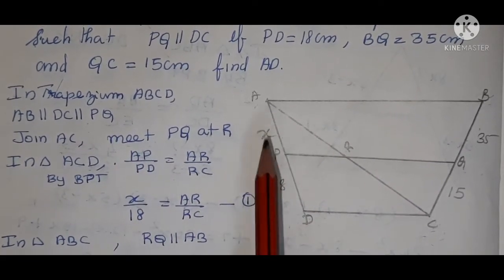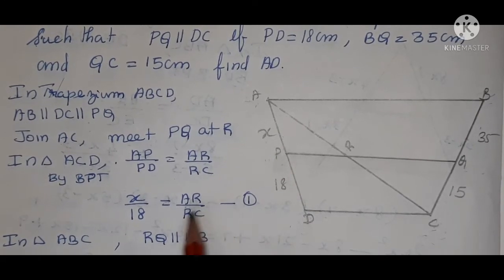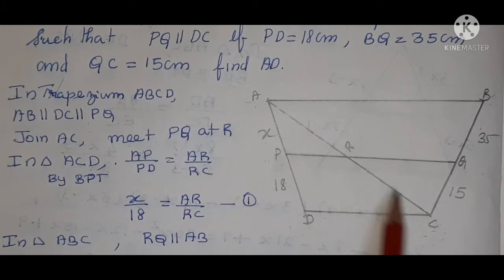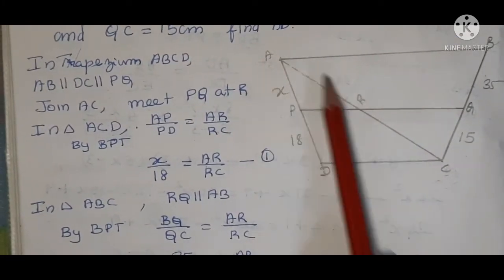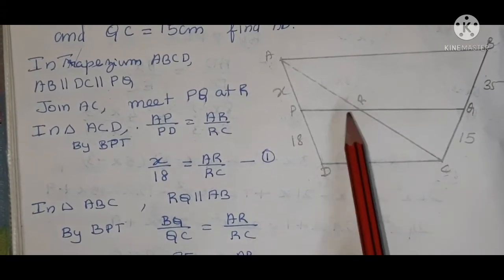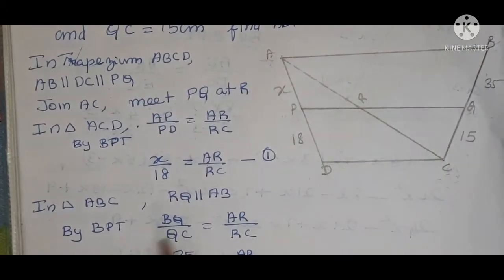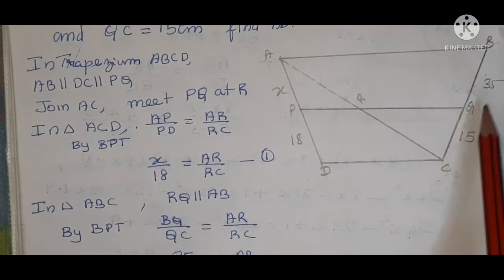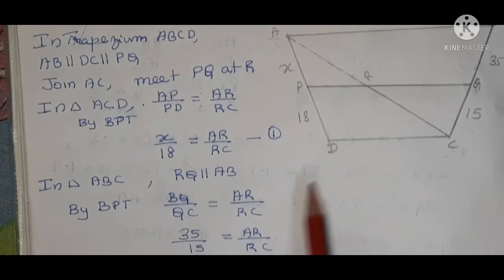AP is x, PD is 18, equal to AR by RC, taken as 1. In triangle ABC, RQ is parallel to AB, by BPT, PQ by QC is equal to AR by RC.